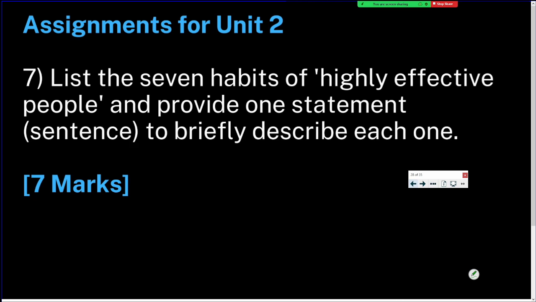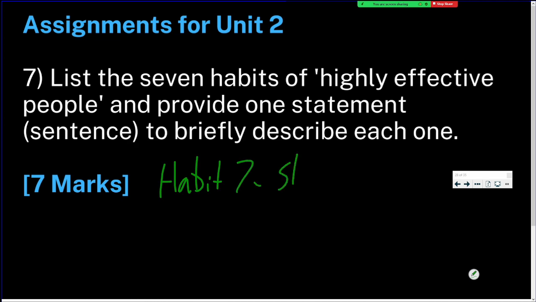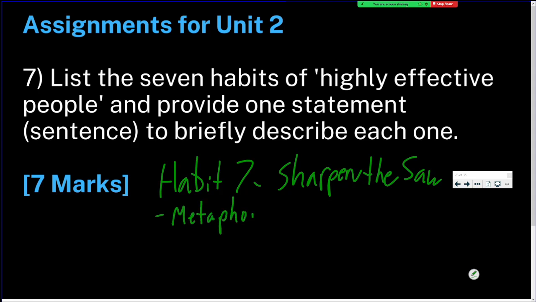All right, so if I'm going to write a statement about... So you're only writing one statement, one sentence about each one. So if I'm writing about habit 7, sharpen the saw. Okay, so I've got the metaphor of the saw.